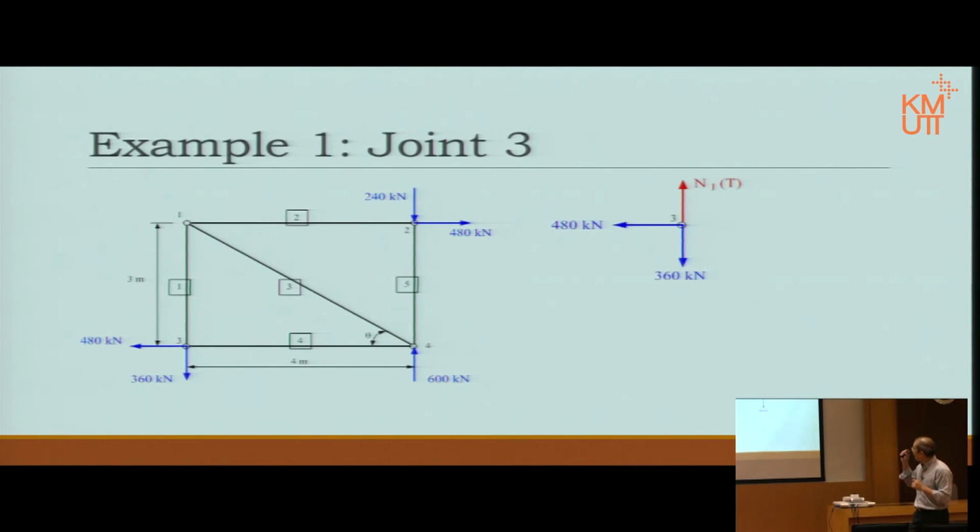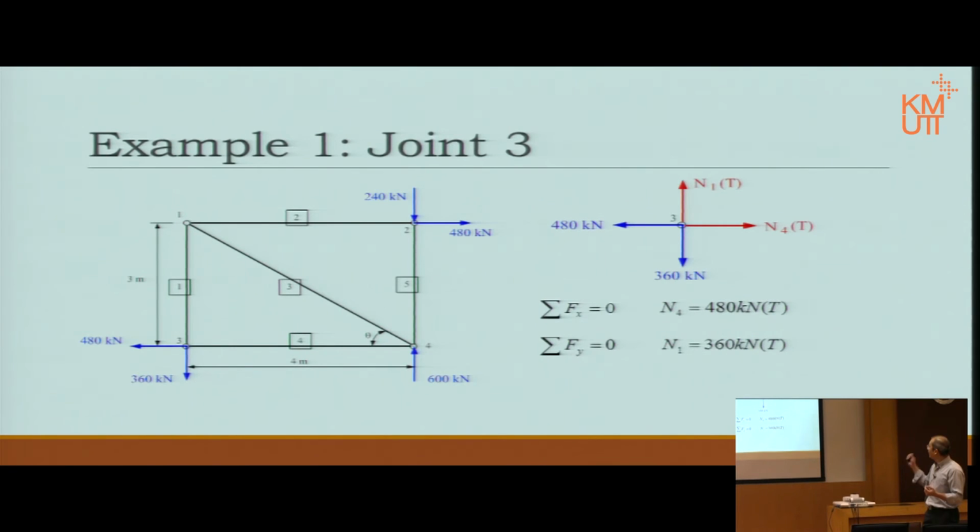Same with N4. N4 is the only force left in the horizontal line. 480 is going to the left-hand side, so the only way equilibrium can happen is that N4 must go to your right-hand side, which means it's again tension. If we calculate positive, then it's really tension. If we calculate negative, then it becomes compression, of course. Okay, sigma Fx, then we get N4, and then sigma Fy, we get N1.